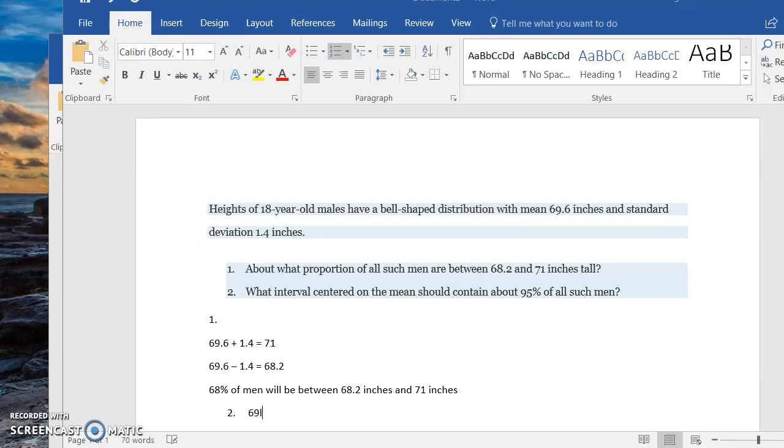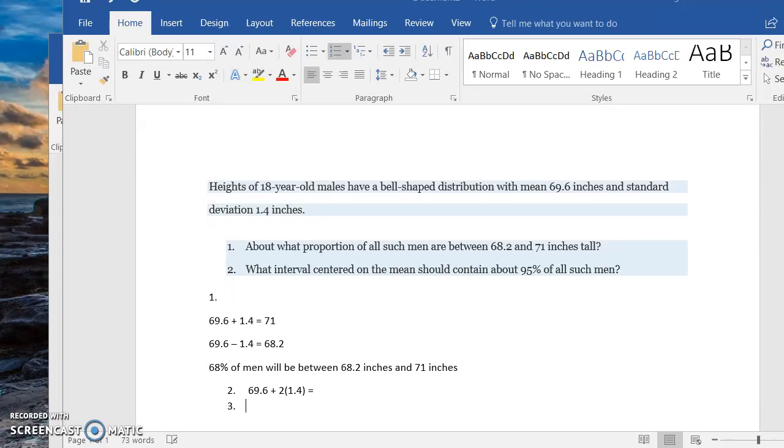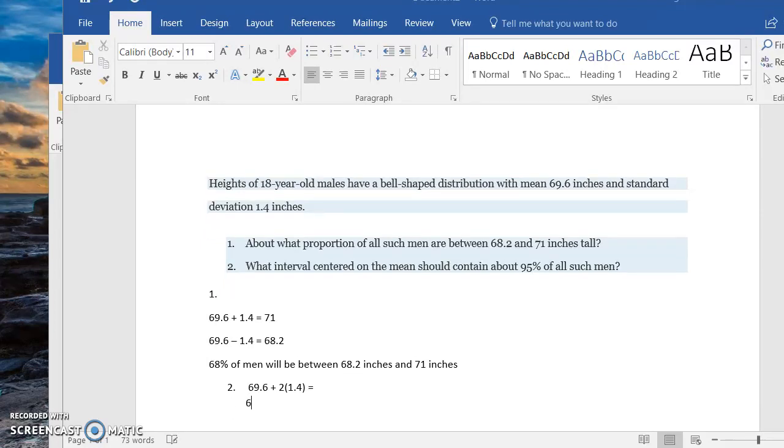So 69.6 plus 2 times our standard deviation. And we'll also do 69.6 minus 2 standard deviations.